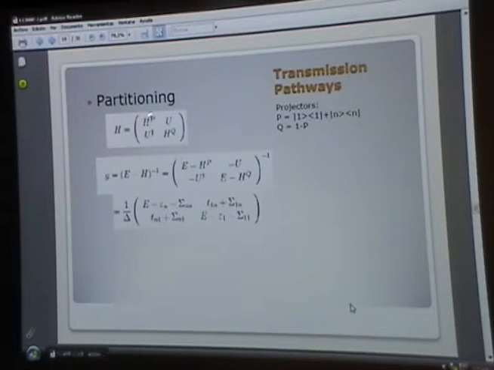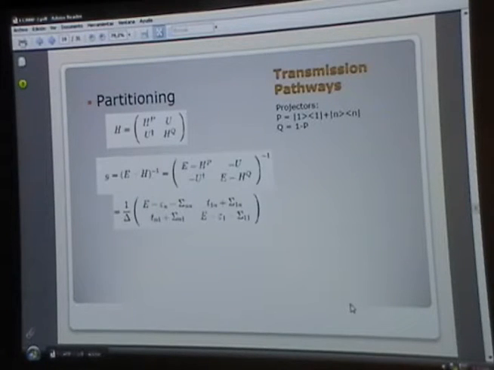So this block corresponds to the part of the Hamiltonian that describes the two sites that are linked to the leads. This part, on the other hand, corresponds to the other two sites which are not coupled to the leads. And the U describes the interaction between these two parts.